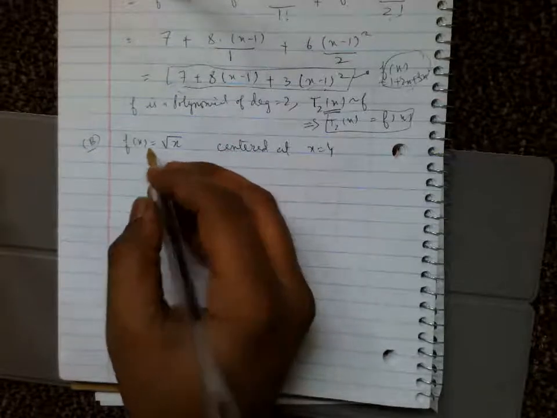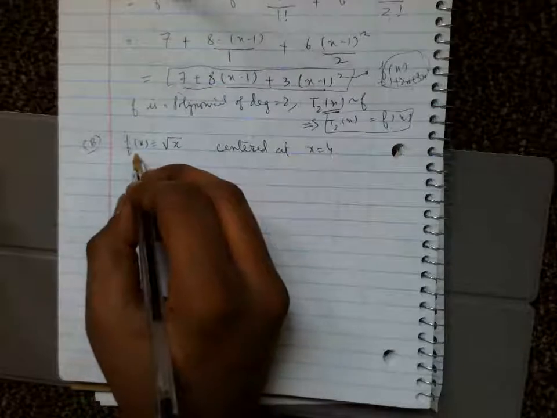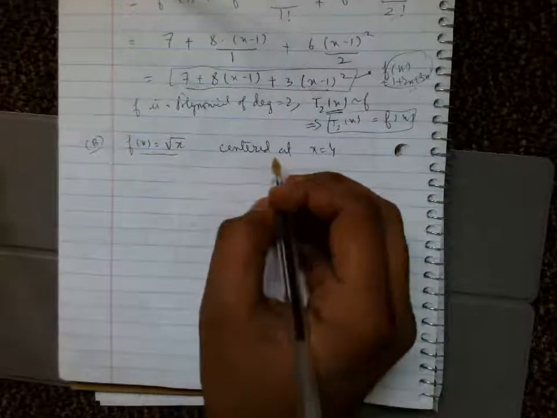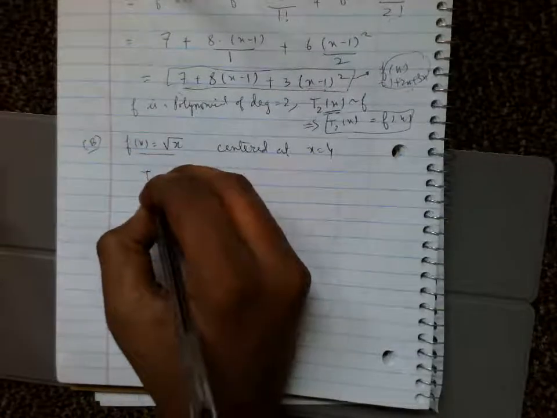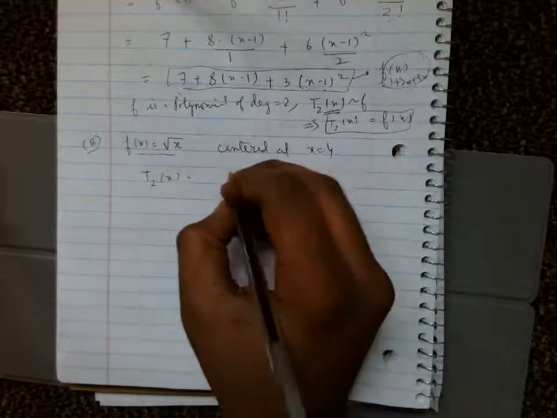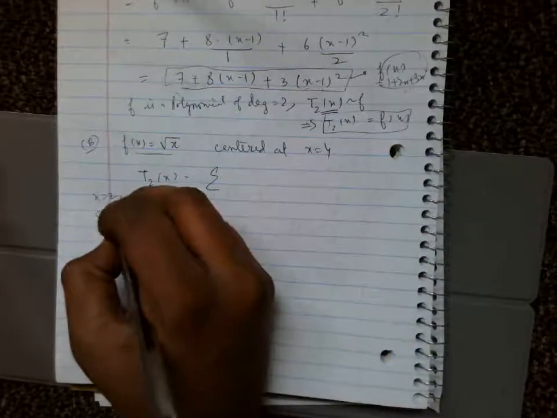So now let's look at another question, which is to find the Taylor polynomial of f of x equal to square root x, centered at x equal to 4, of degree 2. So that means T2 of x will use the same formula. So in this case n is equal to 2, a is equal to 4.